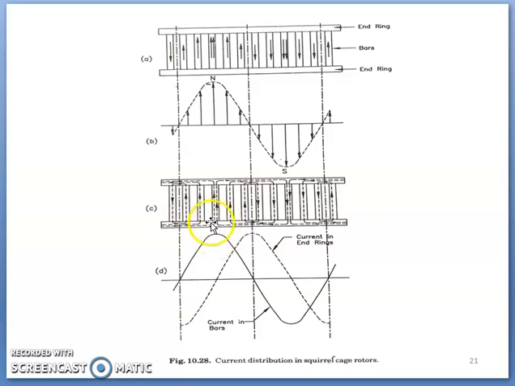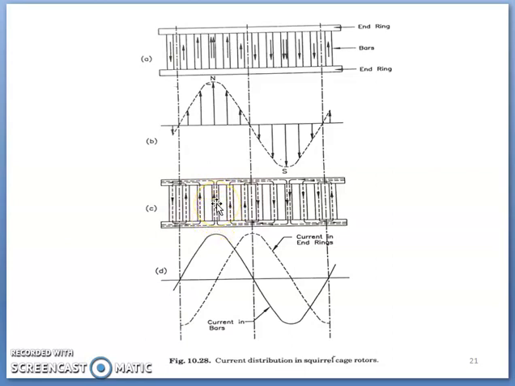This is true because when the current flowing through this bar reaches the end ring, it gets divided into two parts, and equal currents flow in opposite directions. To make a closed path for current flow, the current flowing through the bar gets diverted at the end ring. One path is on this side, and another path for current flow is on the other side.